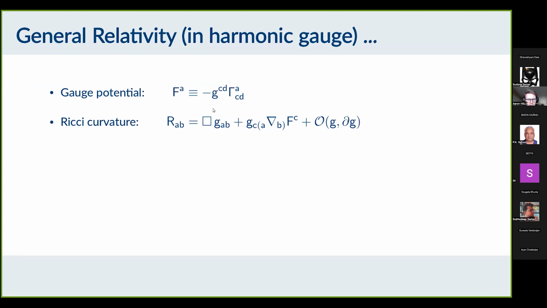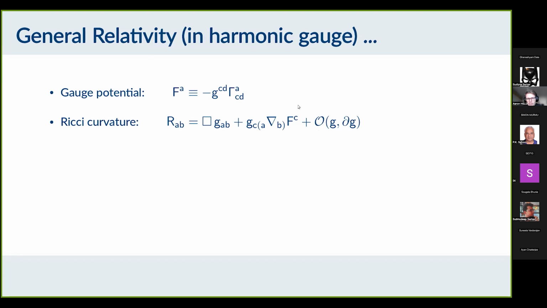And I'm going to use harmonic gauge, which makes the system already well posed, by which I mean that I'm considering a gauge potential, which is just the contracted Christoffel symbol. Then you can write the Ricci curvature as this expression, where importantly this left out term only has first order derivatives of the metric, so it doesn't contribute to the principal part. If I now pick a gauge in which that f vanishes or is constant, then also this term does not contribute.